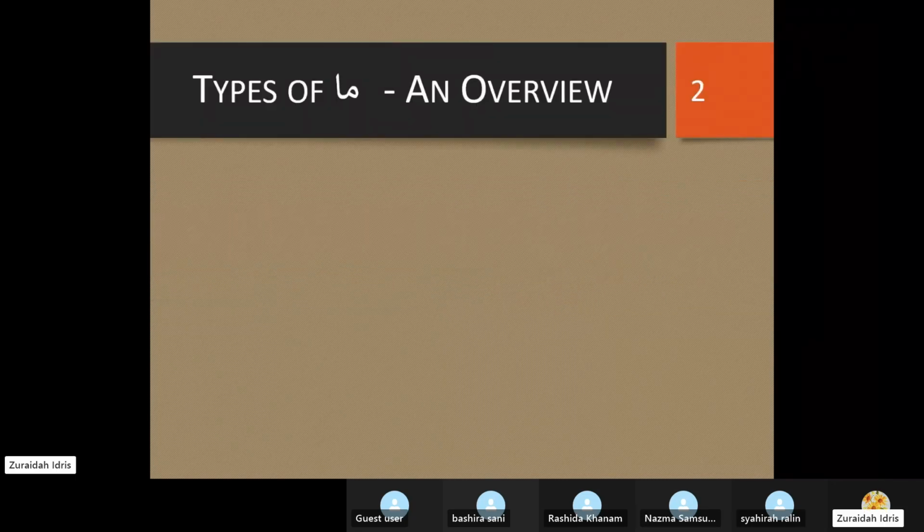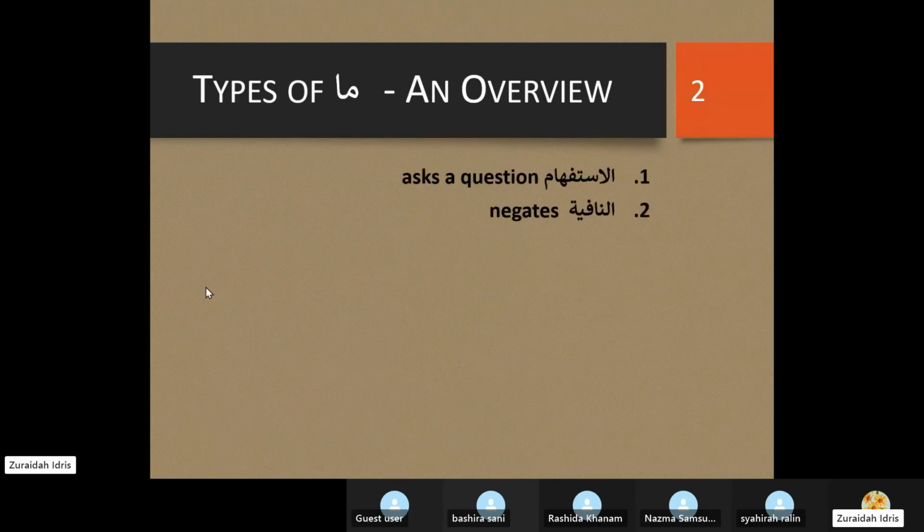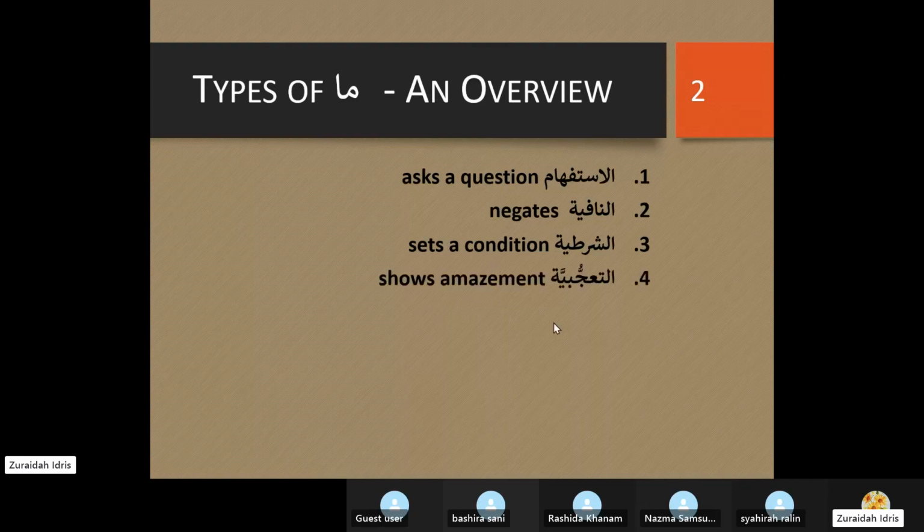So we know there are so many types of ma. We have the istifham, we have nafiyah, ma that negates, shartiyah, just like iza, then of course ta'ajjubiyah, showing amazement, like mashallah. Then zaidah, it emphasizes.